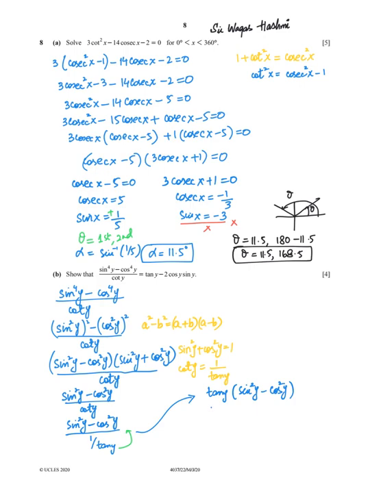Now for sin square y from this identity, if I shift cos square y to the left hand side, it will be sin square y equals 1 minus cos square y. So I will use the same. Instead of sin square y, it will be 1 minus cos square y and minus cos square y as it is. So in the bracket it will be 1 minus 2 cos square y, right?